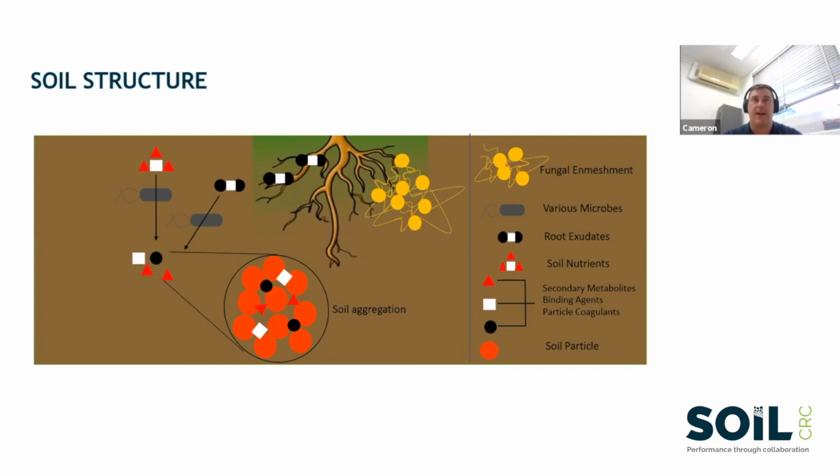And basically, if there's a nutrient-rich pocket in the soil, they'll just completely surround that, and that plant will have constant access to that nutrient. And the fungi actually operate as fantastic gatekeepers, and they take in the nutrient as much as the plant needs. They won't take any more than that.